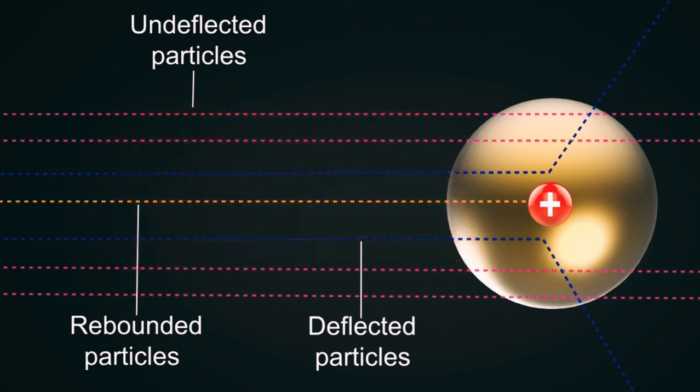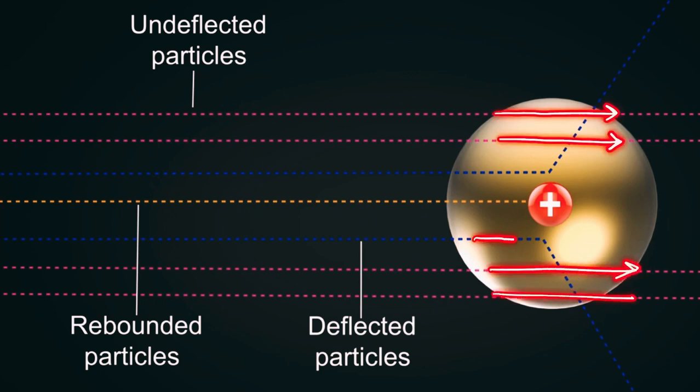Now the first observation which was made was that the majority part of an atom is empty. Why was that? The reason was that the majority of the alpha particles went straight. They showed no deflection at all. They passed straight and went to hit the screen at that point.